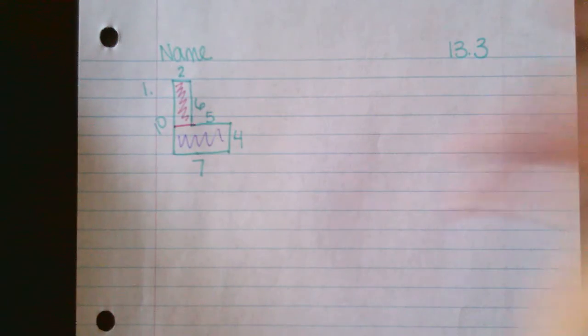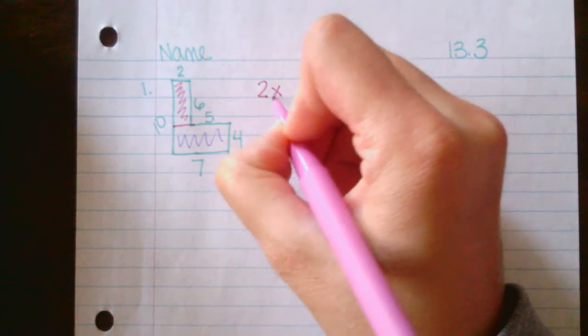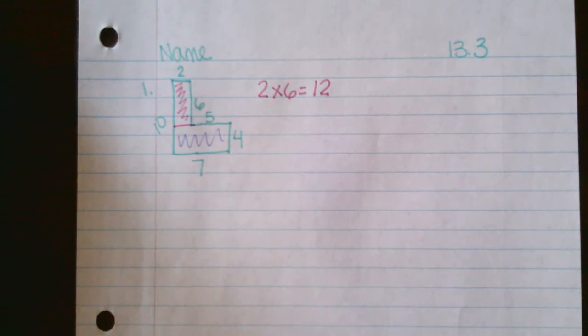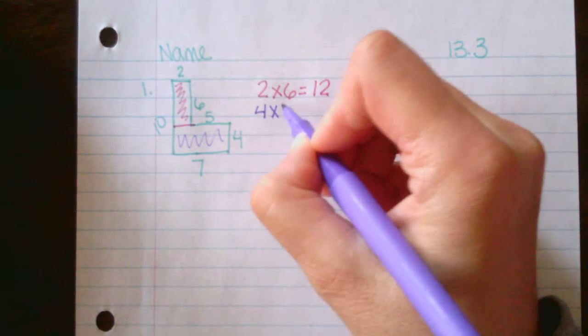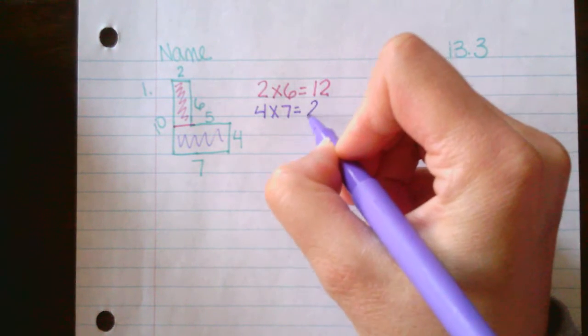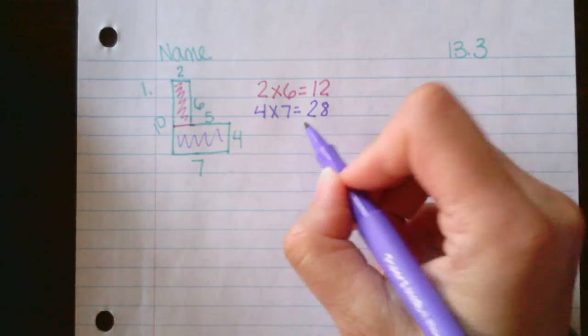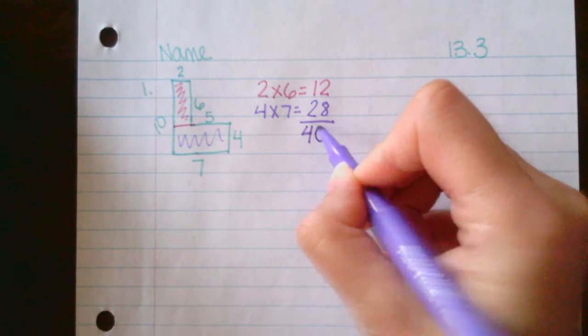So our pink rectangle is 2 times 6 equals 12. And then our purple rectangle is 4 times 7, which gives us 28. And we're going to add it, and we're going to come up with 40.